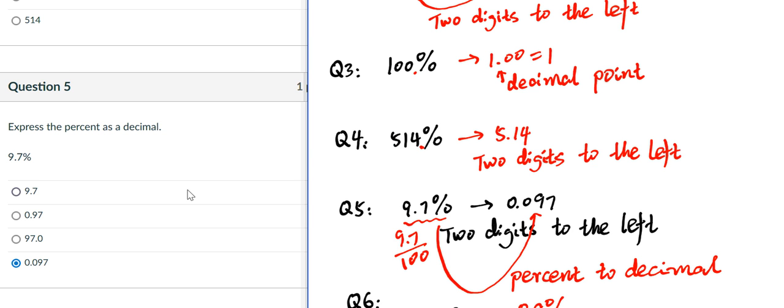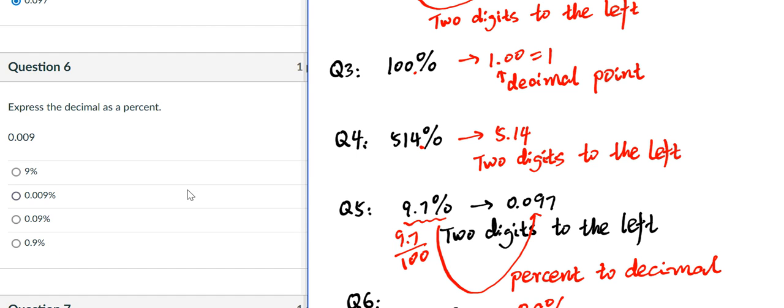All right. Now, here is different. Here you have a decimal and you want to convert it to the percent. Previously, when you did the percent to the decimal, it was 2 digits to the left. Now you do the opposite thing: the decimal to the percent is 2 digits to the right.